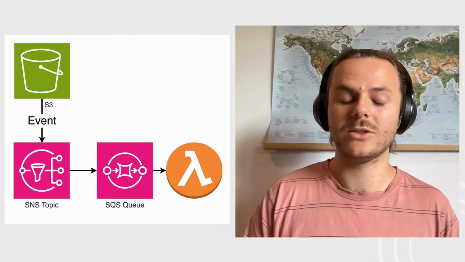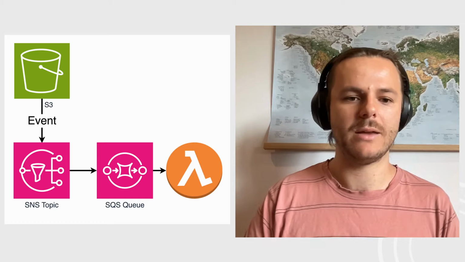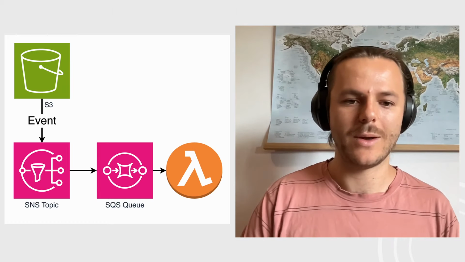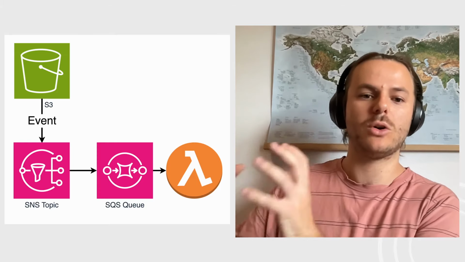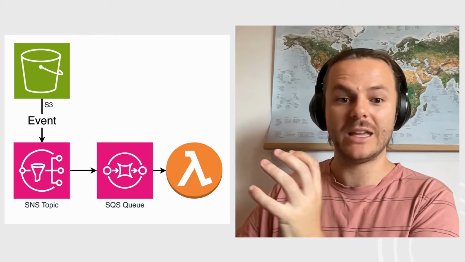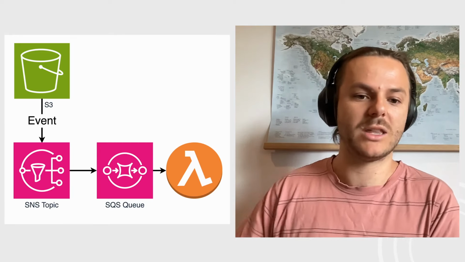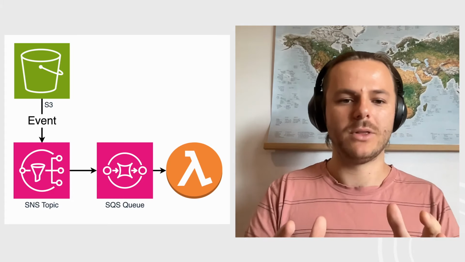And so what we can do with the queue is set a sort of rate limit, how many Lambdas can be reading from this queue at any one time. So we're not just blindly letting as many Lambdas invoke as fast as they can. We control our downstream services, so we don't throttle any APIs or any other services. If we're writing lots to DynamoDB, you can throttle that API as well. So that's why I like to put SQS in there.